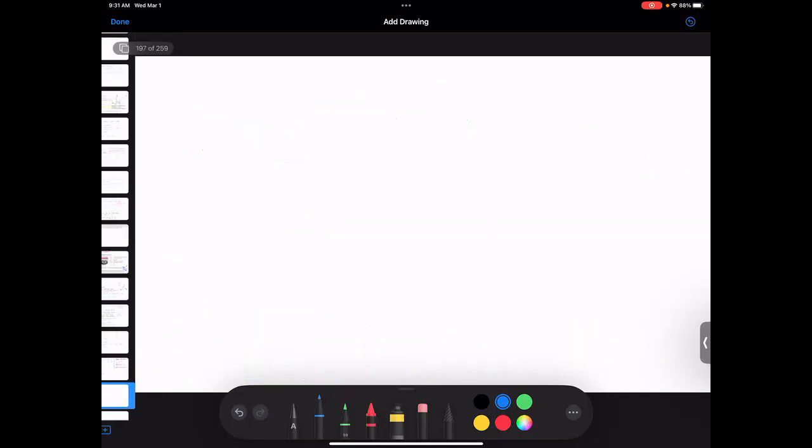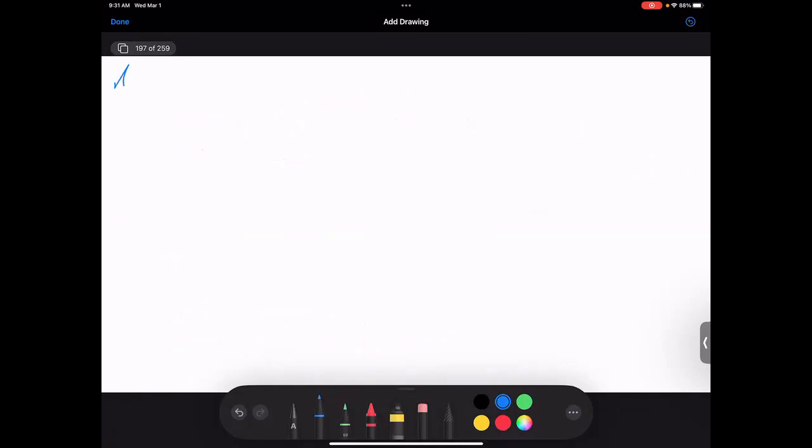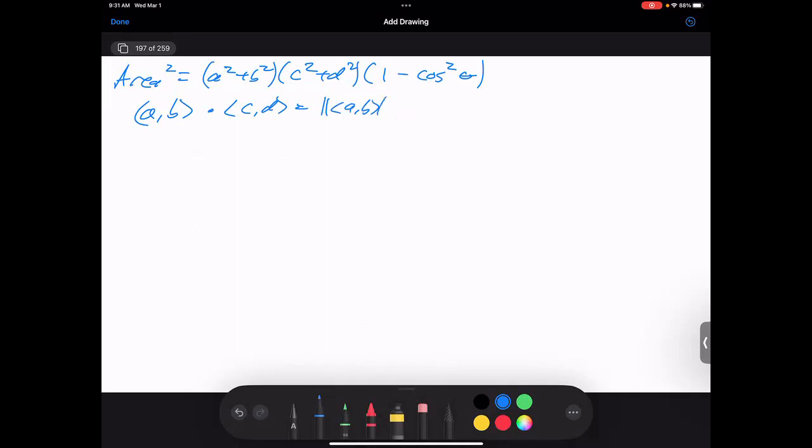And so we get the area squared is A squared plus B squared, C squared plus D squared, and then 1 minus cosine squared of theta. But we know AB dotted with CD is equal to the length of the vector AB times the length of the vector CD times the cosine of the angle.